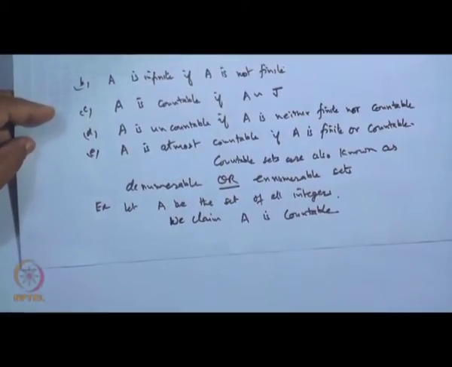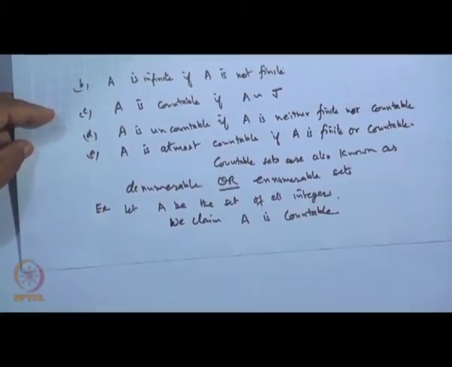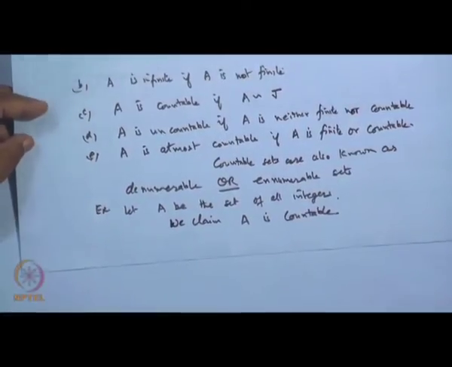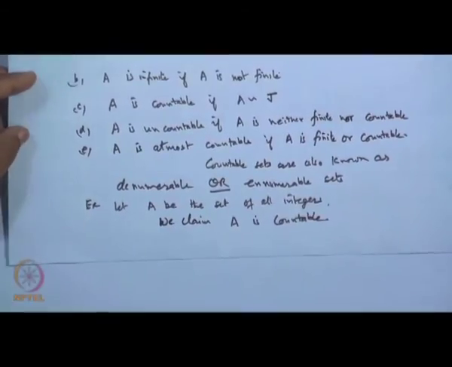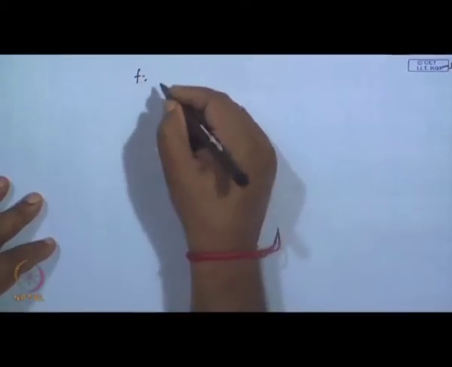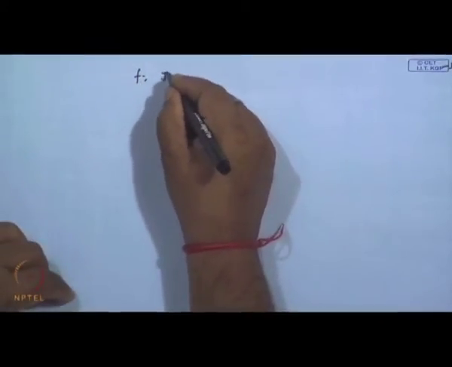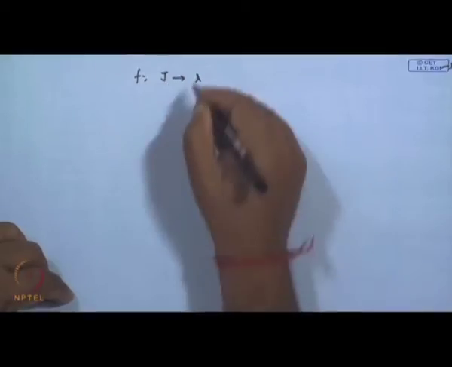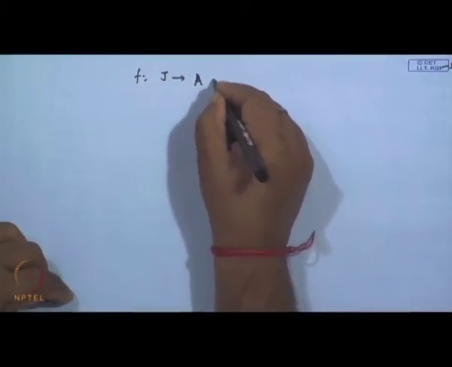It means we are able to define a one to one correspondence between the set of positive integers and the set of the elements of A. So, let us define a mapping f from the set of positive integers J to A as follows.